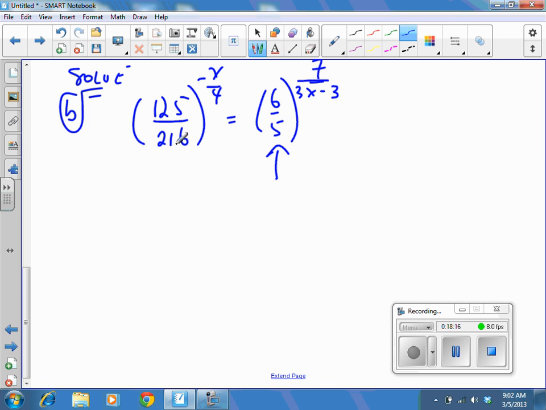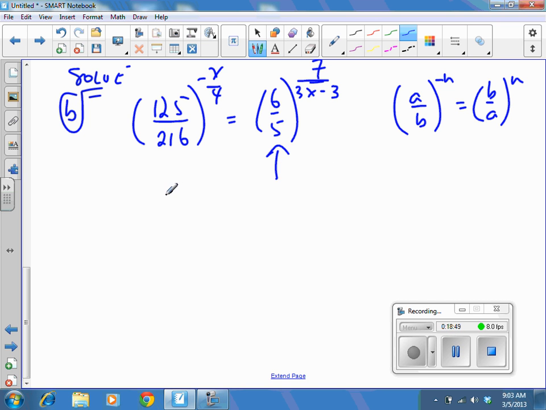Okay, so now we want to rewrite this as a power of 6/5. So maybe the first thing I would do is take the reciprocal of this fraction. Remember this little law that we had? A fraction to a negative power, take the reciprocal to the positive power.